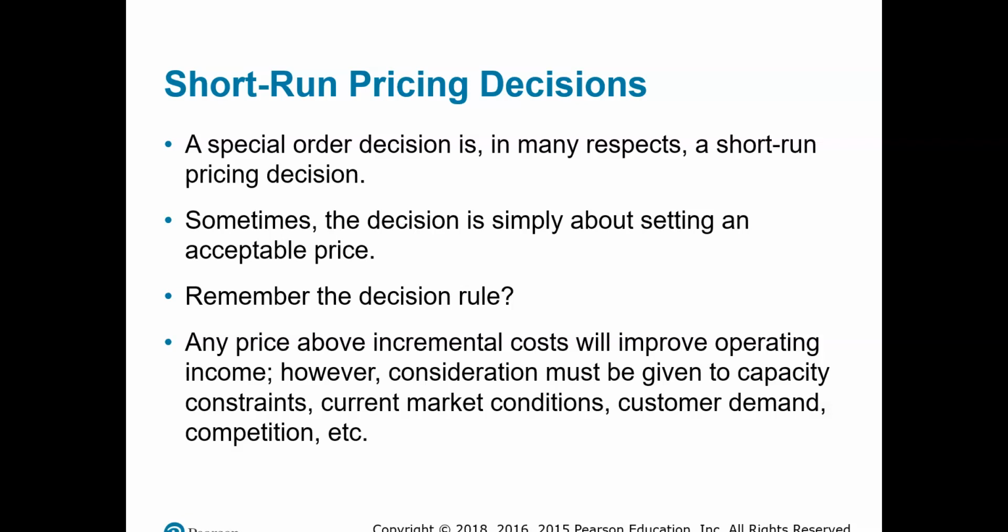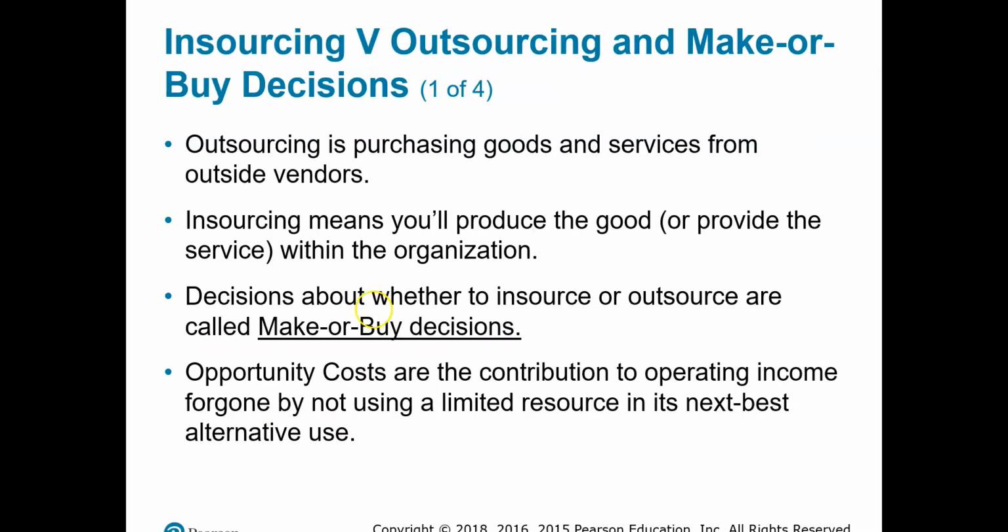With capacity constraints and customer demand, the makers of Angel Soft reduced the number of offerings so they wouldn't have the setup time to make different batches, and they could have more output based on customer demand. But in our situation, we're going to simply look at setting an acceptable price.